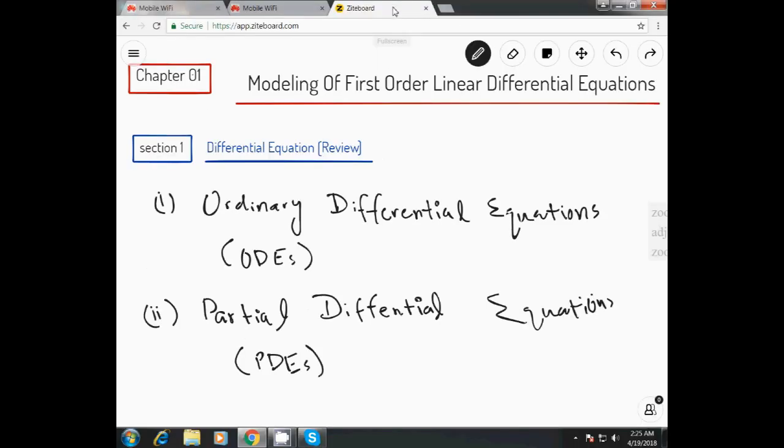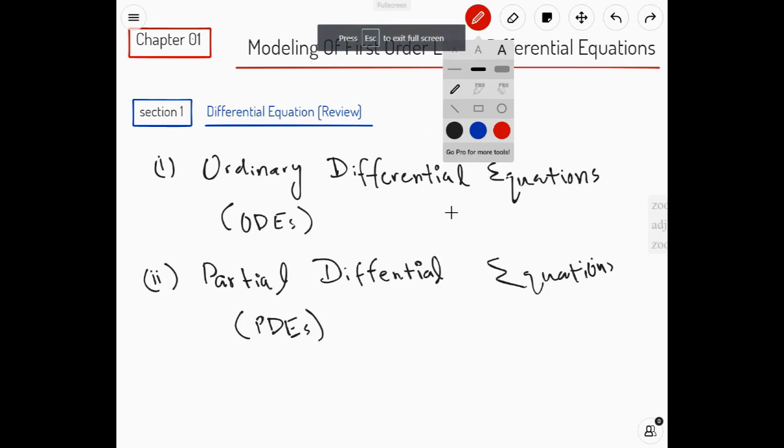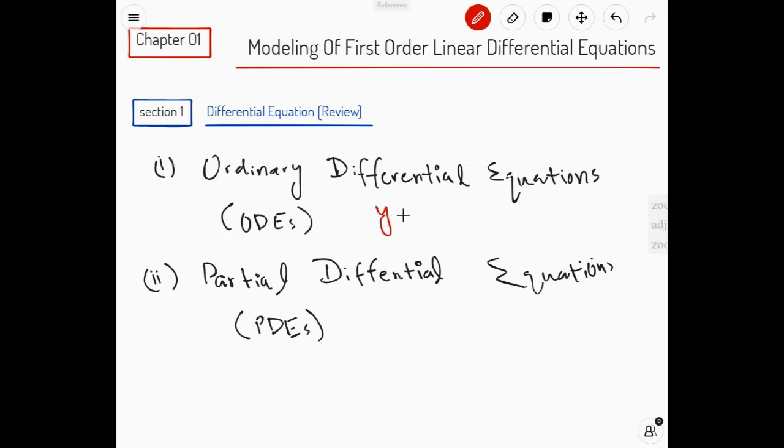A main difference between an ordinary differential equation and a partial differential equation is that in the case of an ordinary differential equation, the unknown function is the function of only one independent variable, while in the case of a partial differential equation, the unknown function is the function of more than one independent variable. So, for example, in the case of an ordinary differential equation, let the unknown function be y.